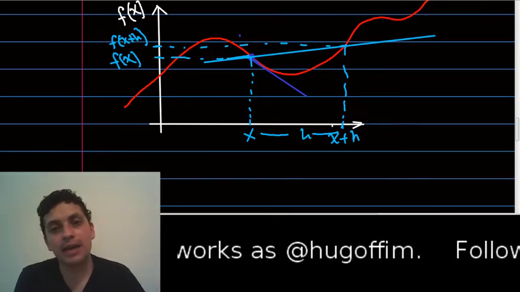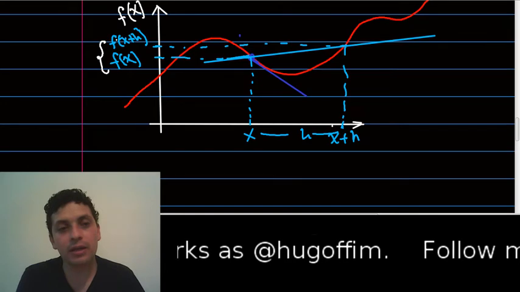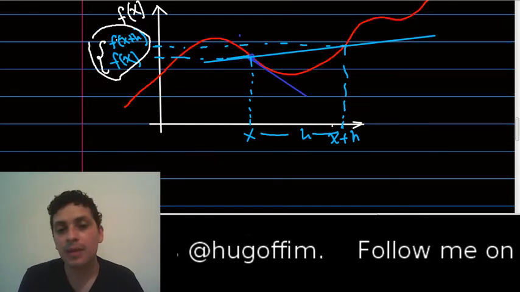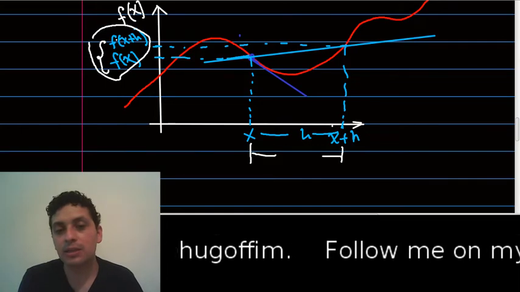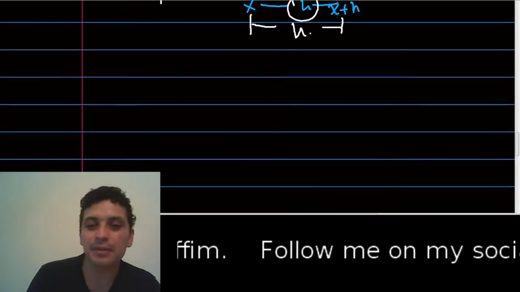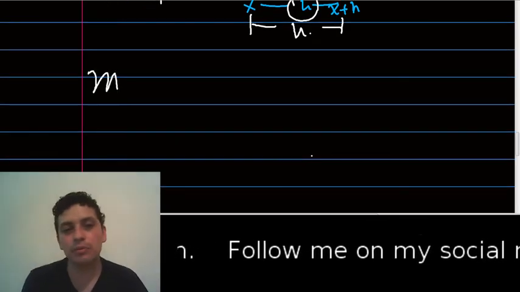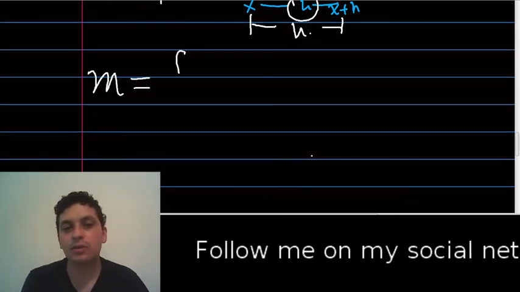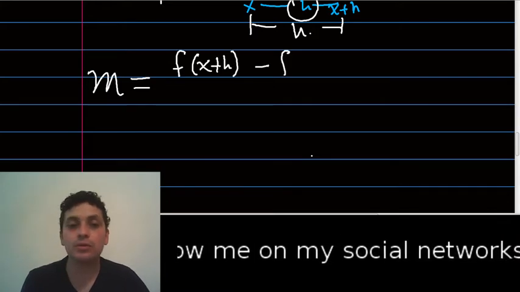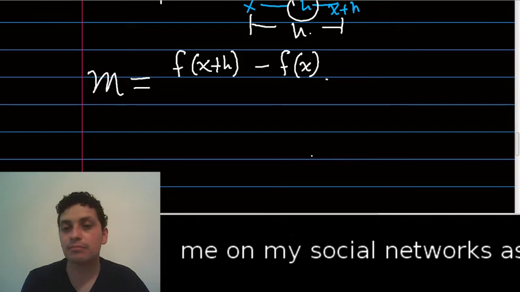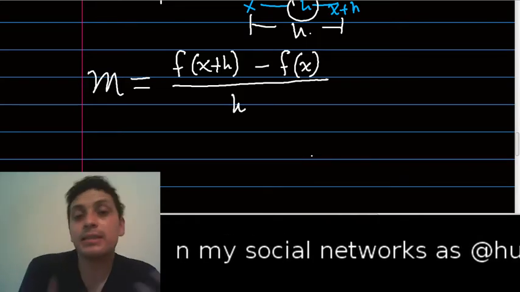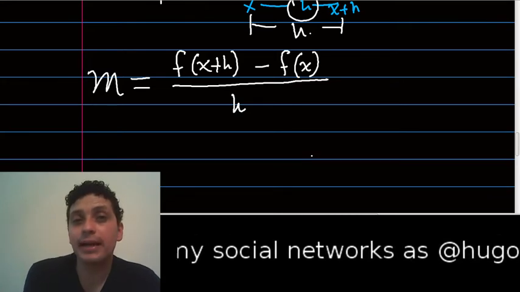In this case, the change in y is just the subtraction of the two values, and in x the change is h. So essentially the slope of the secant is going to be f(x plus h) minus f(x), divided by h. This is how to calculate the slope of the secant.